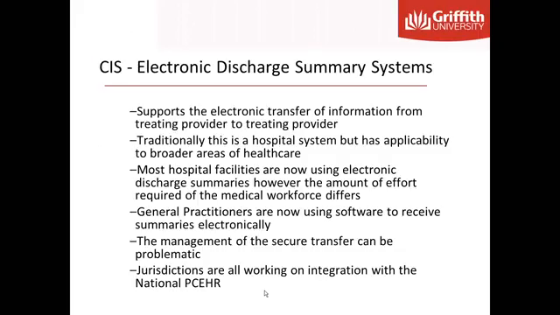I would imagine some of our GPs are now using this software to receive summaries from hospitals or some other health providers, and vice versa as well. We will look at this when we get to the last point here, the personally controlled electronic health records, PCEHR for short, which we will discuss in depth within two weeks.